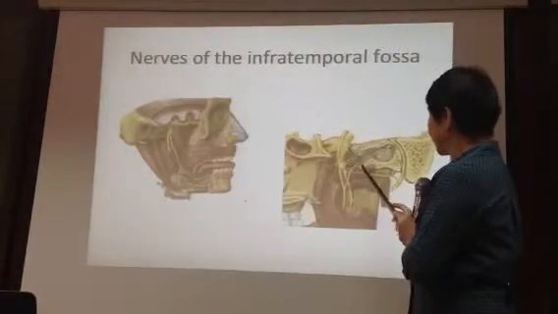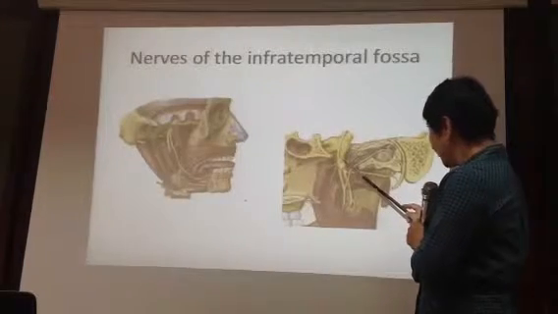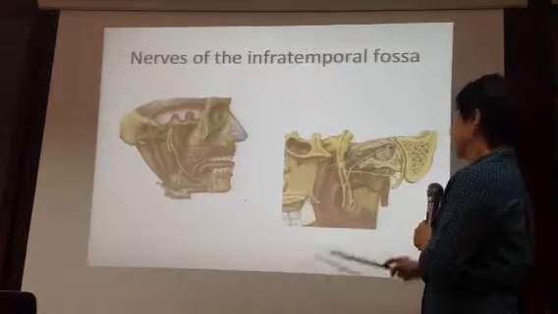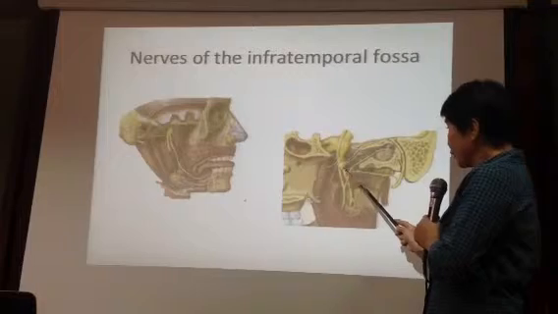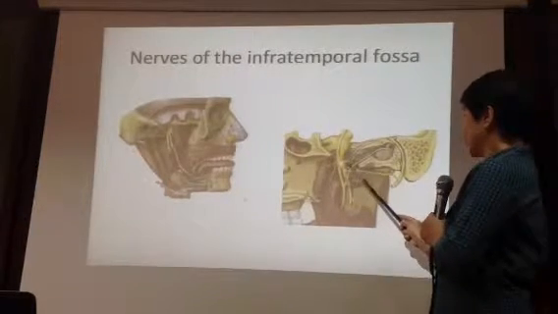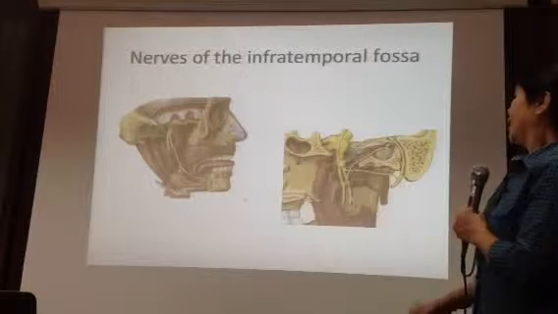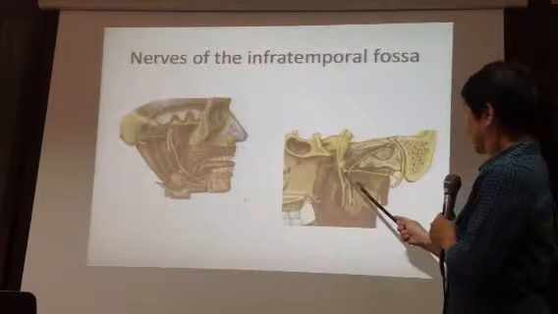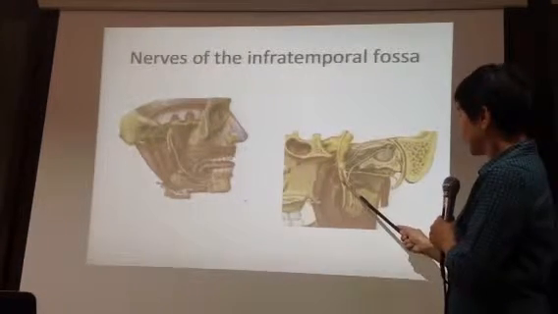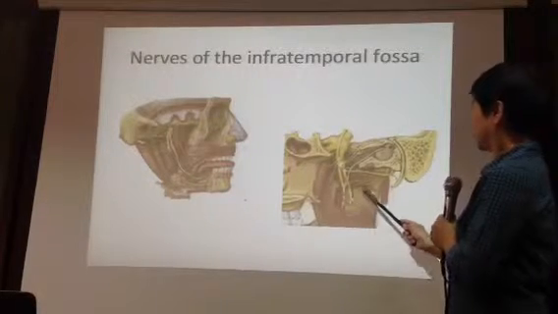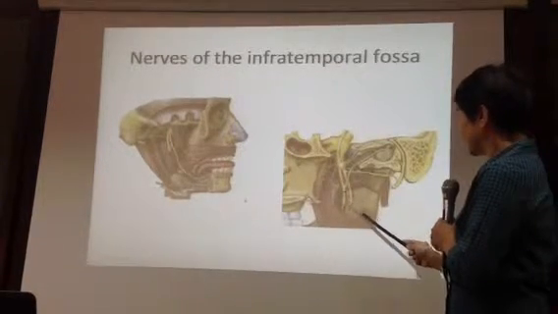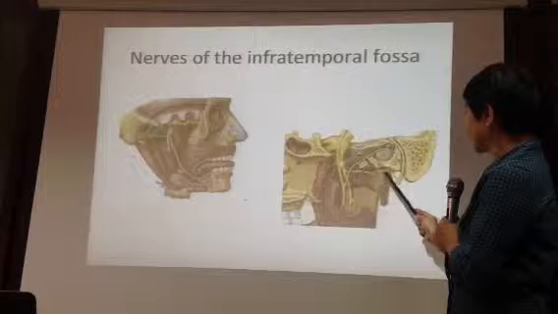Ito yung mandibular nerve, trigeminal ganglion. This is the otic ganglion that I mentioned earlier, and this is the lesser petrosal. And ito ay inferior alveolar, this is lingual nerve, no? Lingual nerve which is joined by chorda tympani.